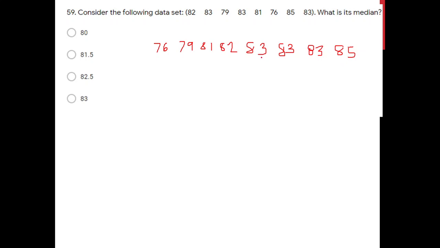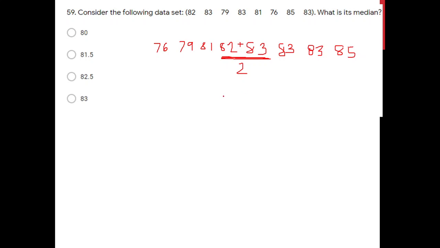So you have 8. So let's find the middle point here. Now, since you have an even number of data, we have two center points, right? So 82 and 83 will be our median. But you only need to have one median, right? So all you need to do is add them together. So 82 plus 83 equals 165 and then divide it by 2.